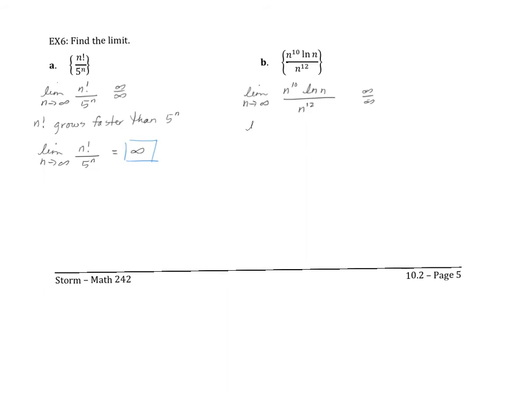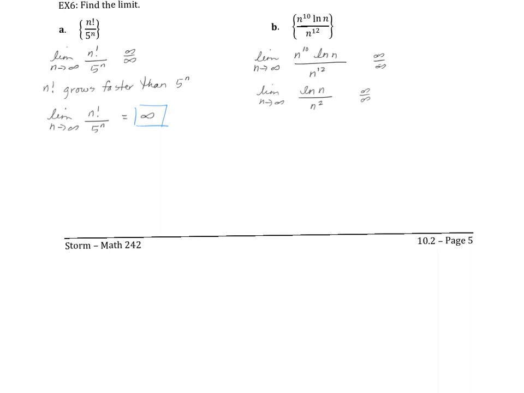However, I could use some algebra to rewrite this as natural log of n over n squared. So I'd still get infinity over infinity, and I can use L'Hopital's, or I could simply use the growth rate theorem to note that n squared grows faster than natural log.